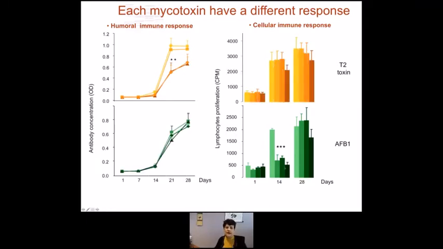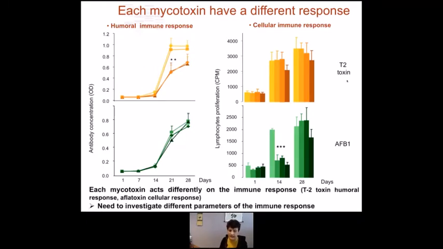But when we look at the specific antibody production for Aflatoxin B1, there was absolutely no effect. And when we look at the specific cellular immune response for T2 toxin, we didn't have any effect. So it really indicates that each mycotoxin acts differently on the immune response.